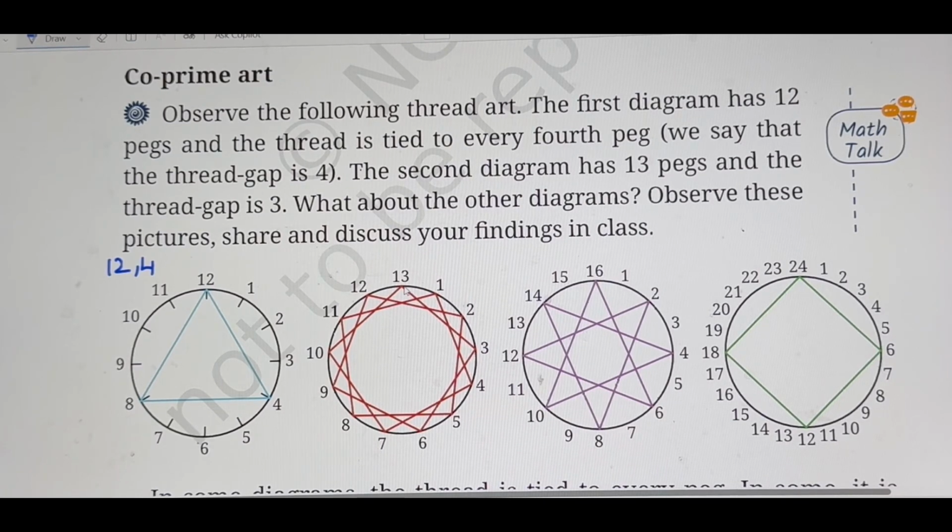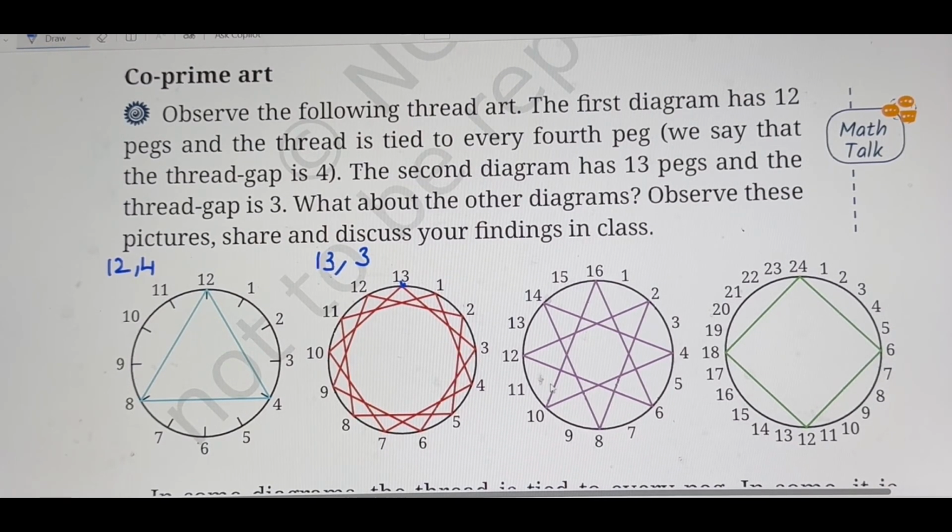So you should reach back where you started from. You started from 13 and you reached 13 again. So here we have 13 pegs, and the gap is 3.